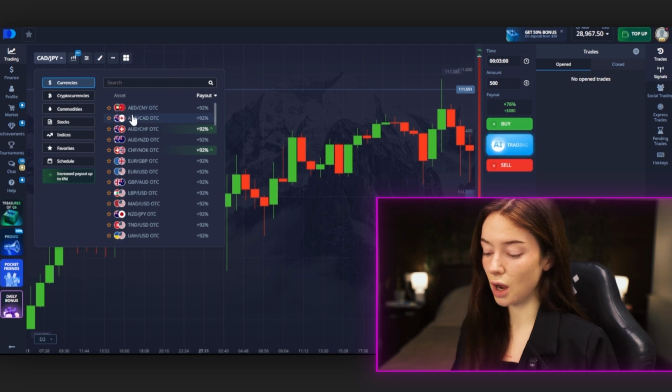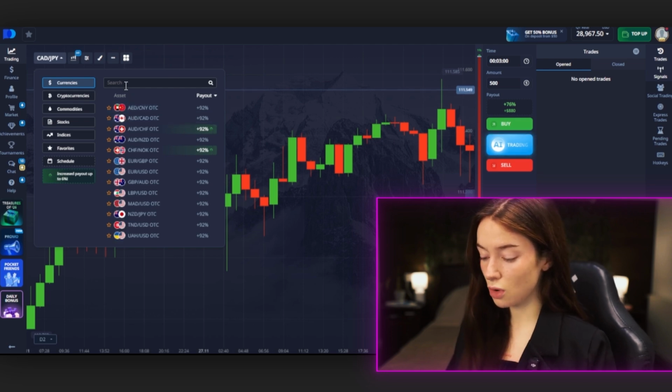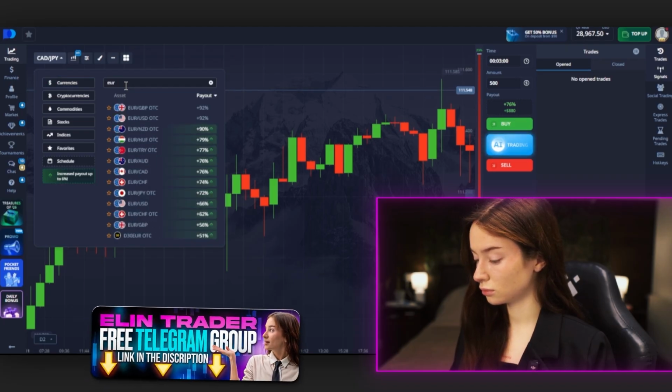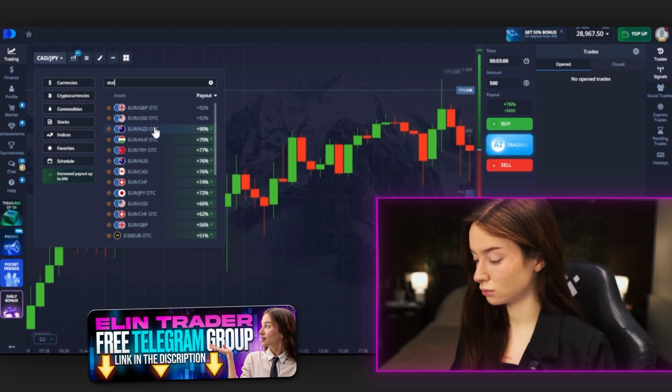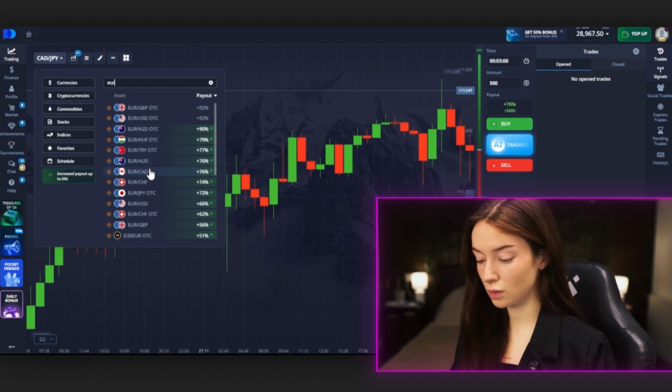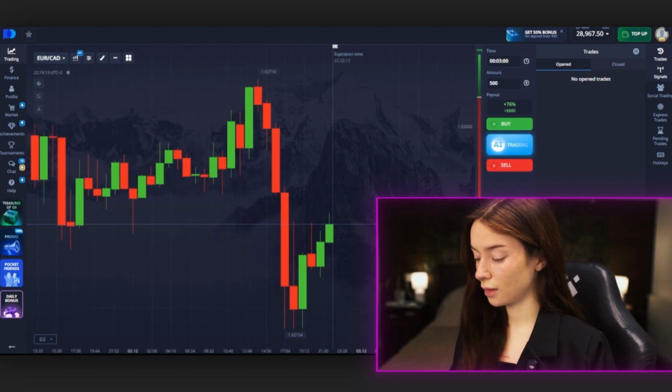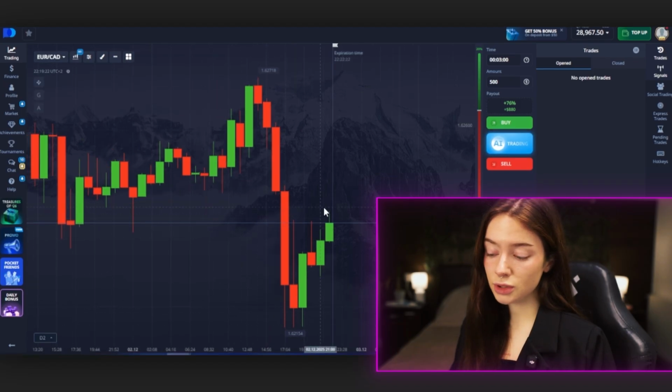Now let's choose another currency pair. I'll even show you with an example. Let it be Euro Canadian dollar. Based on the breakout strategy, what do we see?